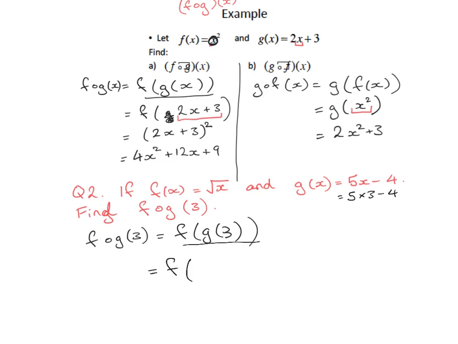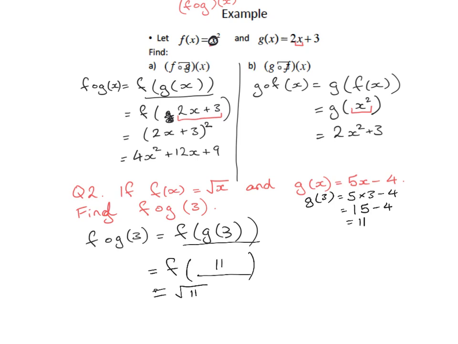Now you can actually do this calculation inside these brackets here. It's up to you. But I'm just doing it on the side here. 15 minus 4, which is 11. So I'm just going to put 11 right in there for g of 3, because that's g of 3. And so now I want to find f of 11, which is just the square root of 11.